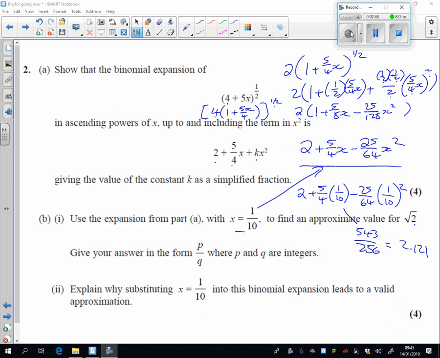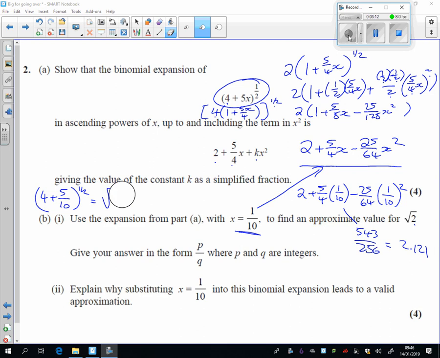The other thing I've got to do is put this 1/10 into this bit here as well. So if I put 4 plus 5 over 10 to the power of a half, so that is 2.5, isn't it? That's 4 plus 5 over 10. So that's the square root of 2.5, or 5 over 2. Sorry, not 2.5.